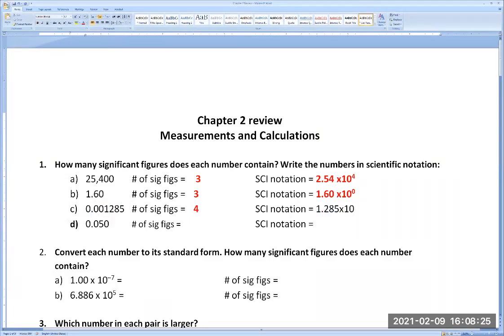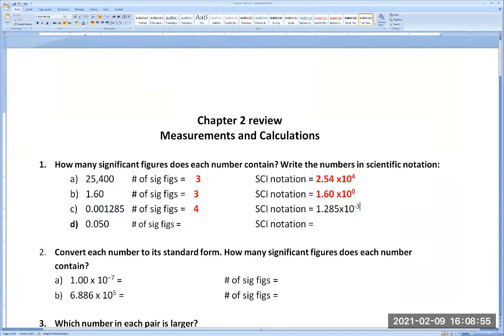And then you multiply by 10, and the power should be the number of places you moved. And we've moved 1, 2, 3 times. So it's going to be a 3. And then you decide, is it a positive exponent or a negative exponent? And here we started with a very small number, right? A number much below 1. So that means it's a negative exponent.